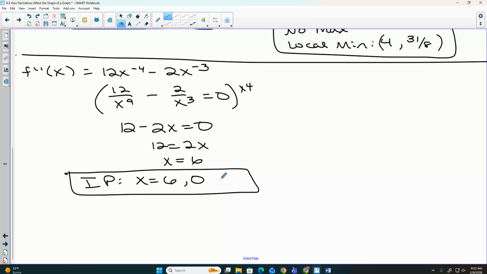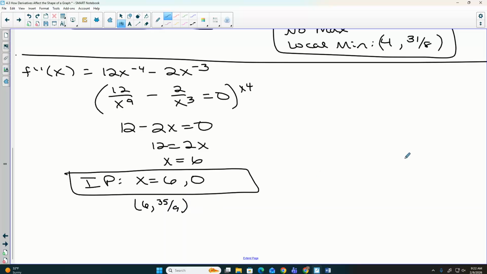0, because it's anywhere the derivative is 0 or undefined. Now, ordered pairs, if we put in a 6 to the original, not real pretty, 35 over 9. Can you put 0 into the original?